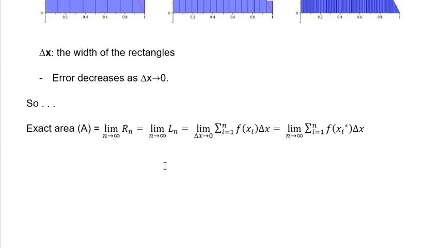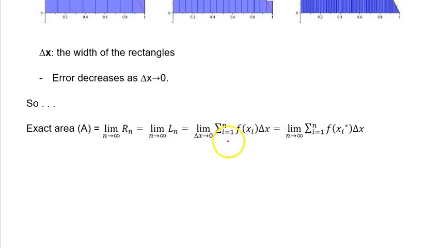And so here's some notation that you might see in relationship to that. We have the limit, your exact area would be the limit as your n goes to infinity. n, remember, is the number of rectangles, so as the number of rectangles goes to infinity, of a right hand or a left hand sum, you would get an exact area.